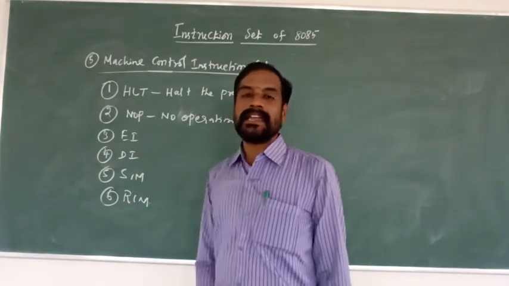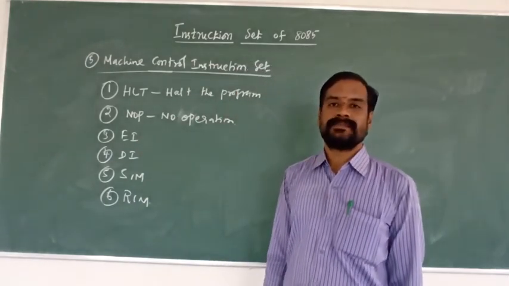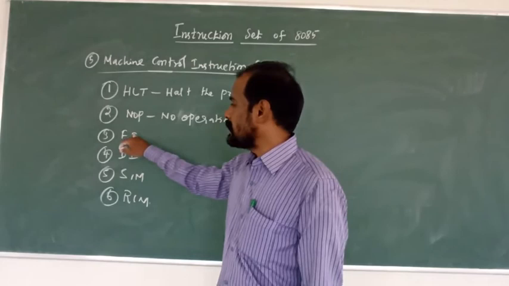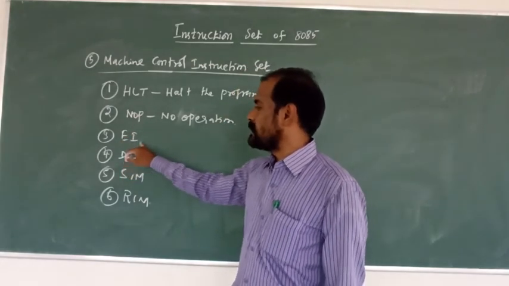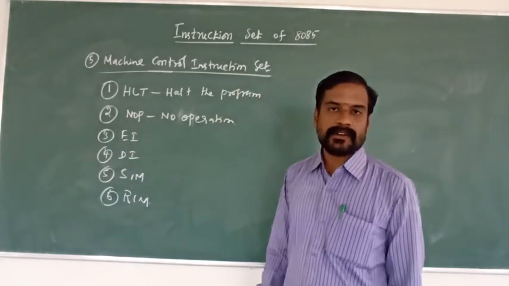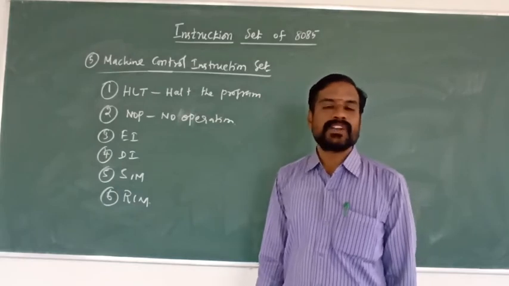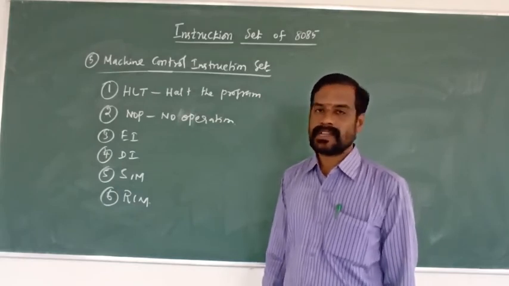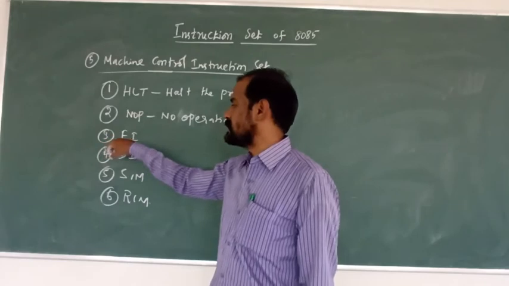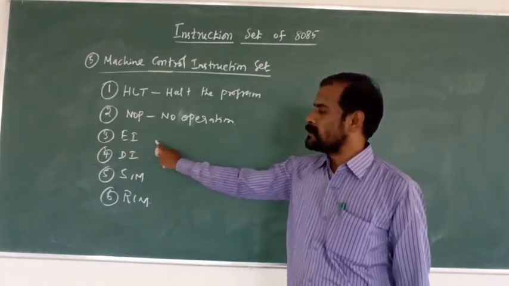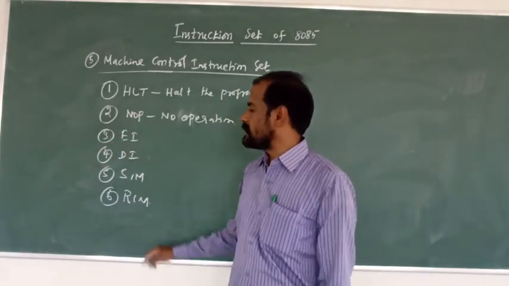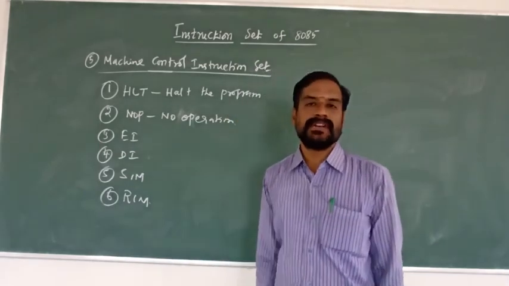EI for enable interrupt. Enable interrupt means now to enable the particular interrupt. Okay, for that we can use this. And fourth one, DI. DI means disable interrupt.